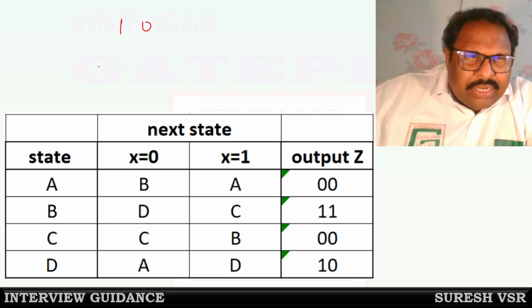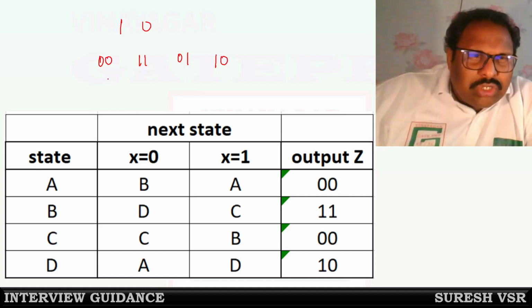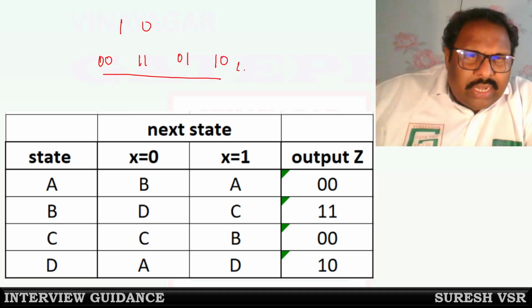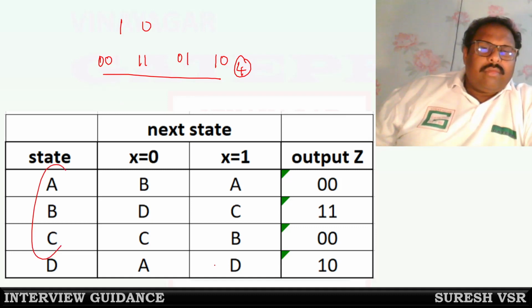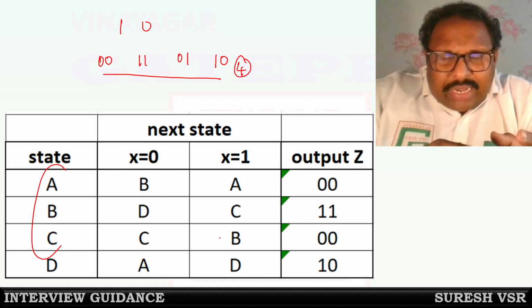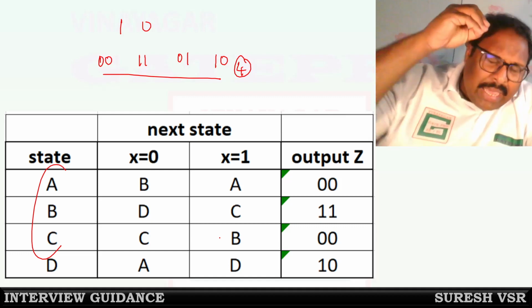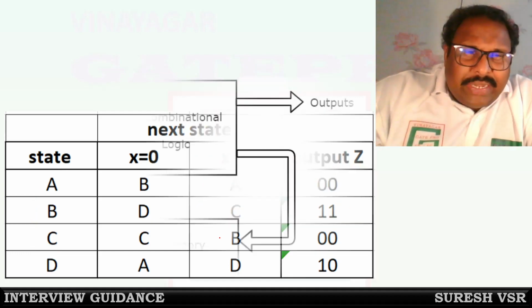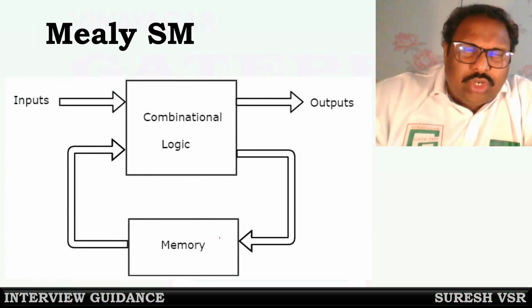A finite state machine can have 0,0 state, 1,1 state, 0,1 state, 1,0 state, and so on. So there are chances of multiple states, for example four states here, A, B, C, D. The common sense is this: whenever you feel there are chances of multiple, finite states, where the output can take any of these values, we call it a finite state machine, which is typically used for industry automation.